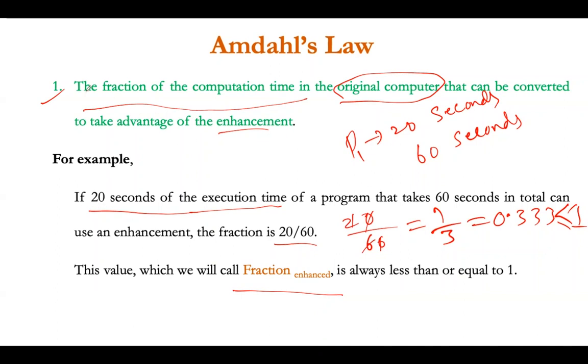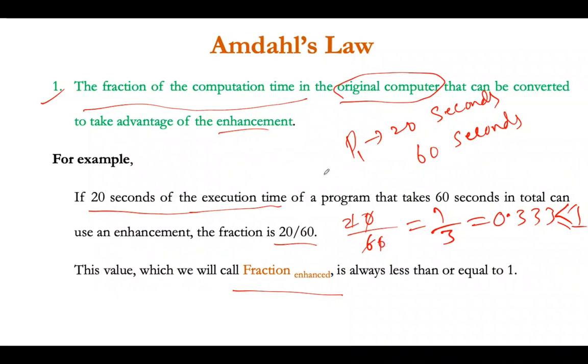So this is the fraction of your computation time, meaning how much execution time can be enhanced and how much time it is taking: the enhanced time divided by the total time.